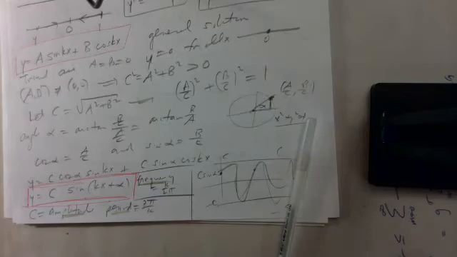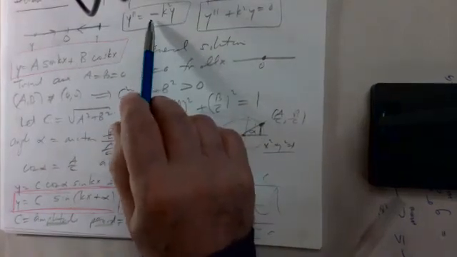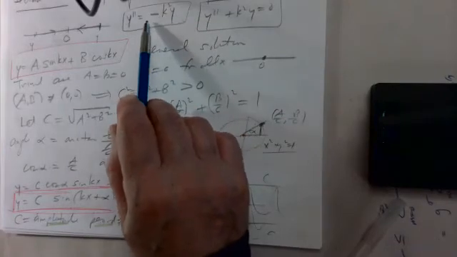So if the acceleration of your particle is proportional to the displacement y, in this way, y double prime is minus k squared y. Y is the displacement.